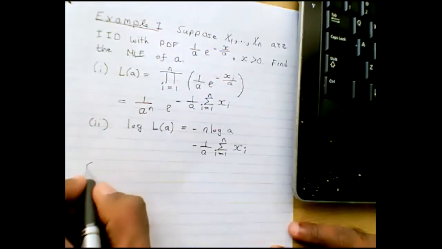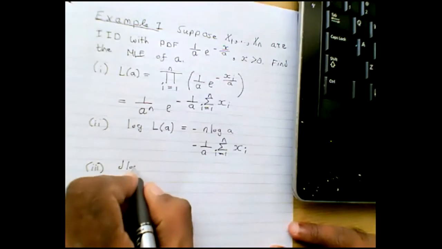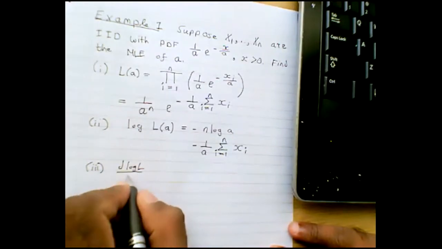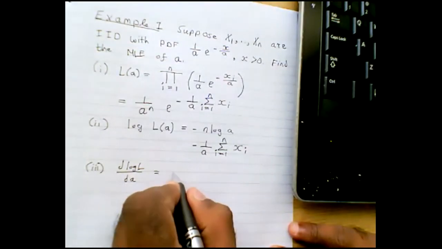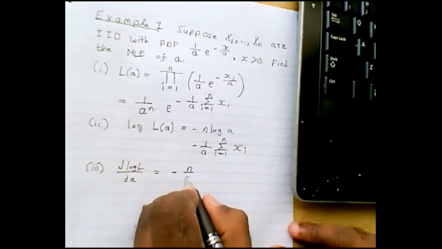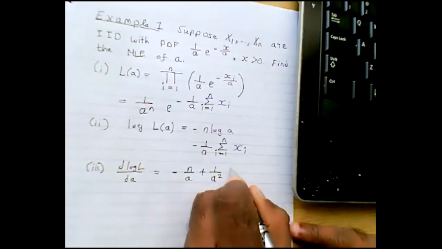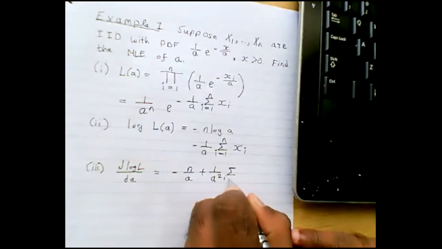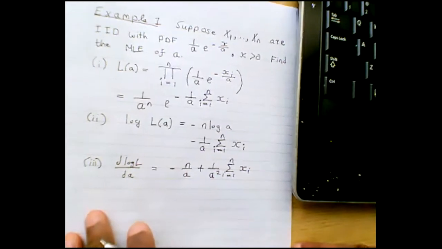And the third step is to take the derivative of the log likelihood with respect to the parameter, which is A in this case. So this will be minus n over A plus 1 over A squared times the sum of x i.